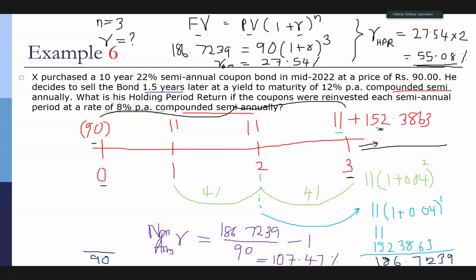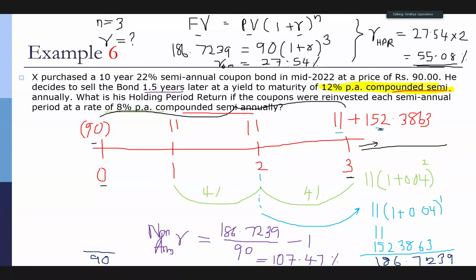When you look at the YTM of that return, 25% or 24% YTM, that's also compounded semi-annual. YTM is also compounded semi-annual. When you say yield to maturity is 12%, this is also compounded semi-annual.